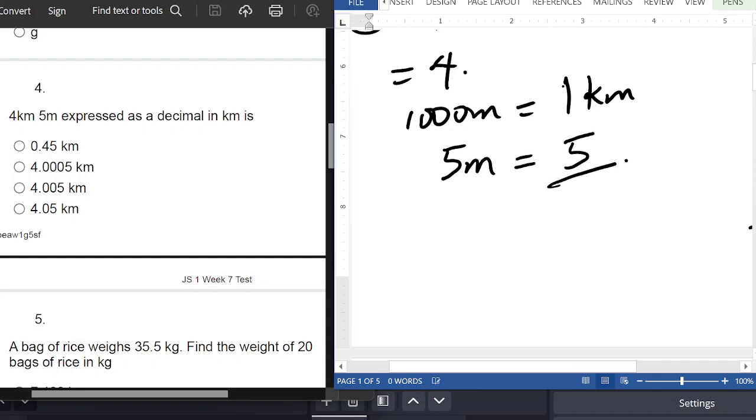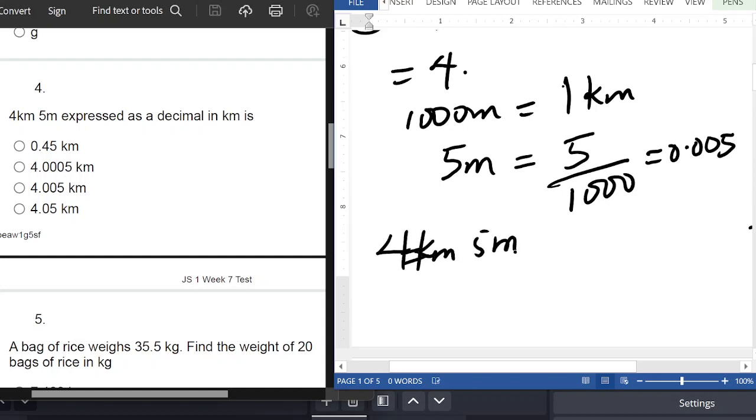That is 5 divided by 1,000. That will give us 0.005. So 4 kilometers, 5 meters will then be equal to 4.005 kilometers. I hope this is very clear. So that is that for question number 4.